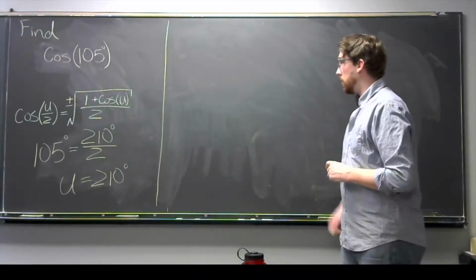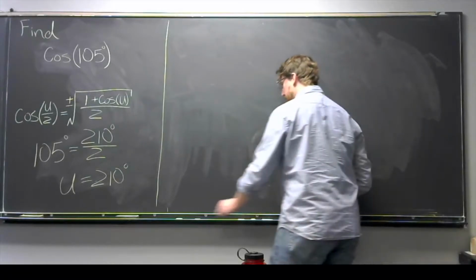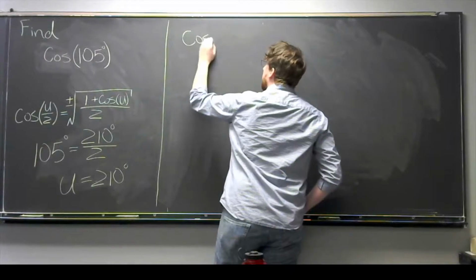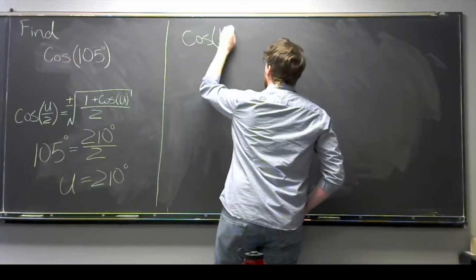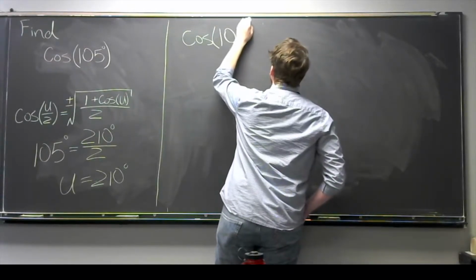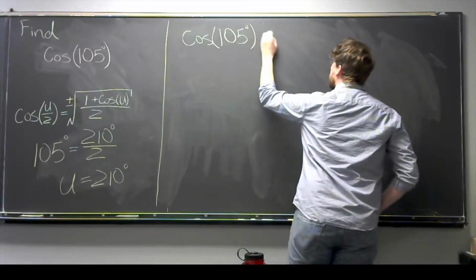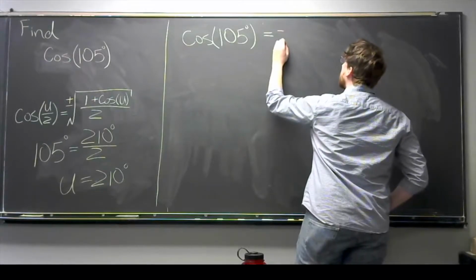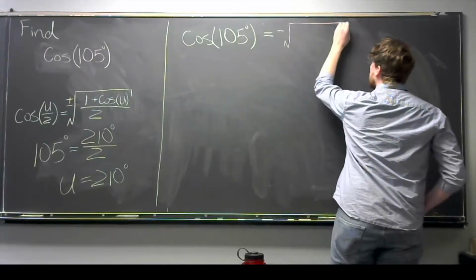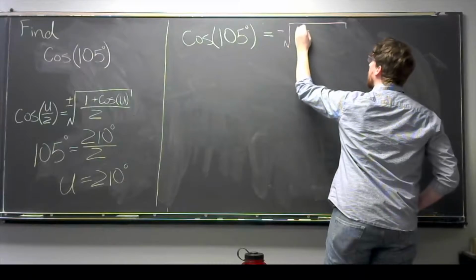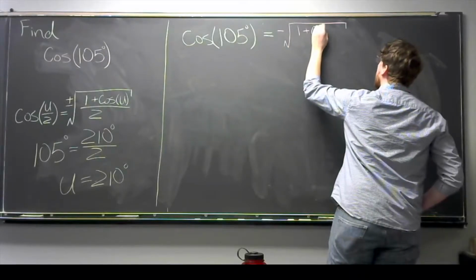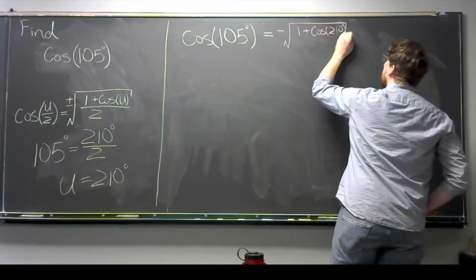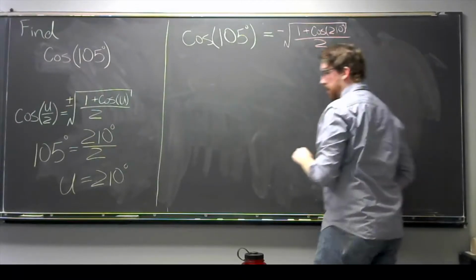All right, cool. So putting all of this together, what we've got is the cosine of 105 degrees is equal to negative square root of 1 plus the cosine of 210 degrees, all over 2.